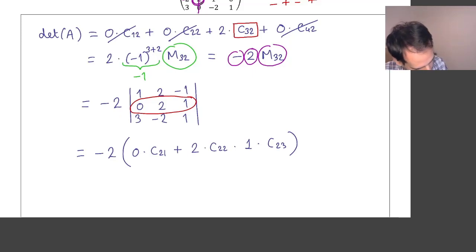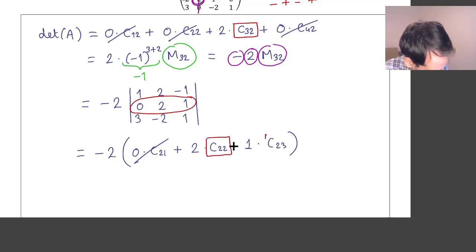We don't have to calculate this one, we only have to calculate these two cofactors, which correspond to these two elements.